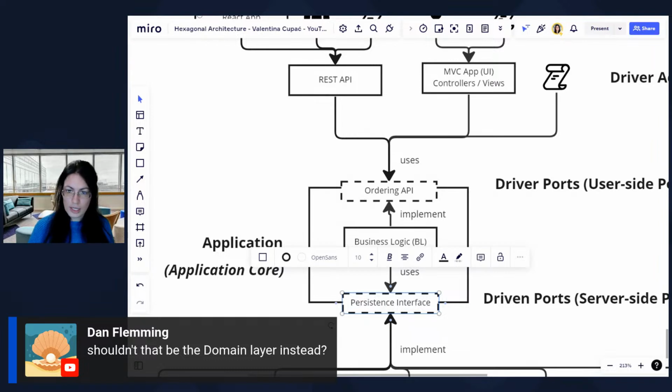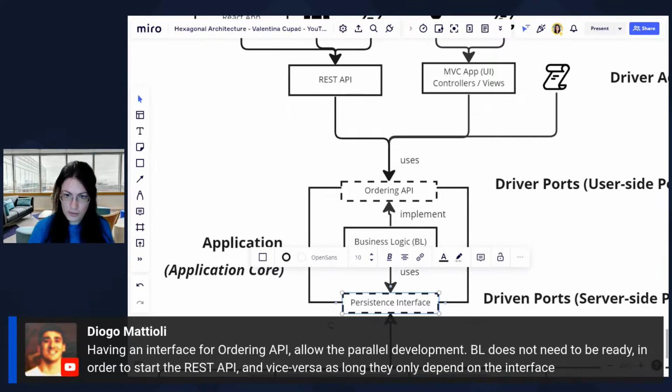So yes, it's just different namings. If you look at the evolution, hexagonal architecture is the foundation for all of them, and as we go on to onion architecture and clean architecture, some of the names inside could be different or more specific.